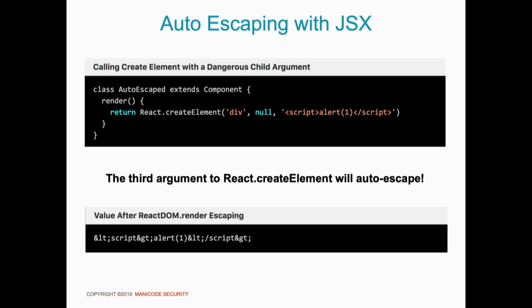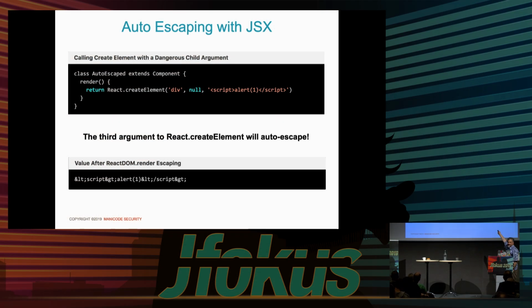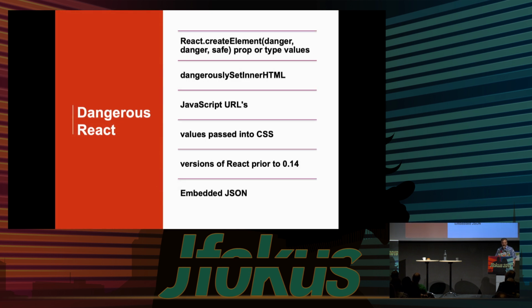It will show that data, but it won't actually call the script. So that argument is going to escape, but the types and props here are not going to escape. This is one of the main ways we can attack React. So first of all, in React.createElement, the prop or type values do not escape, and they're dangerous if dangerous data flows to those variables. Go look at your code right now if you want to.